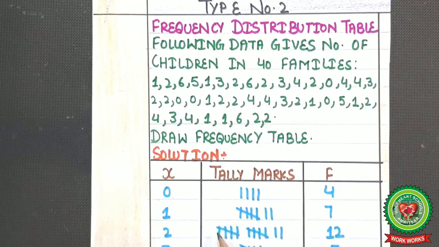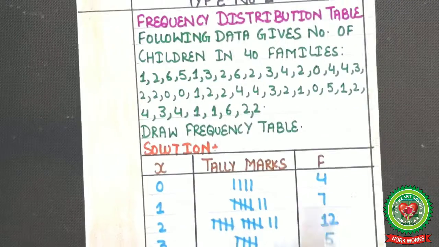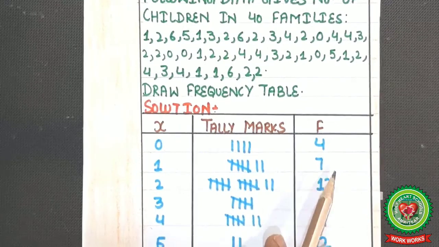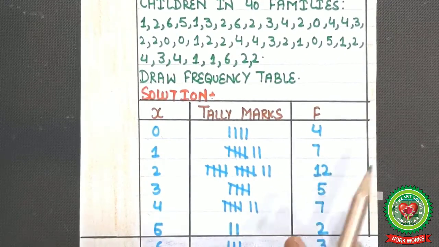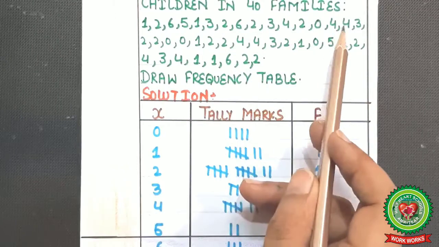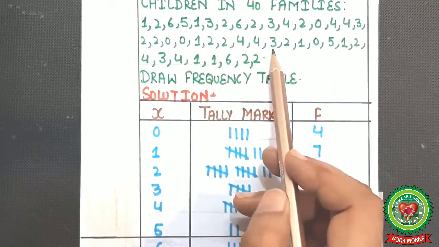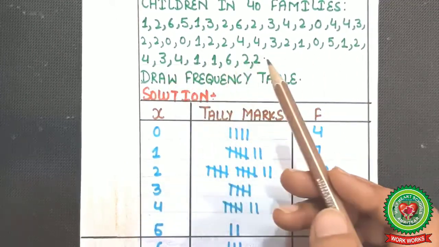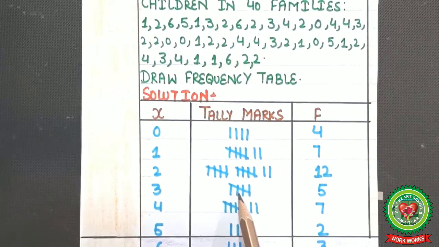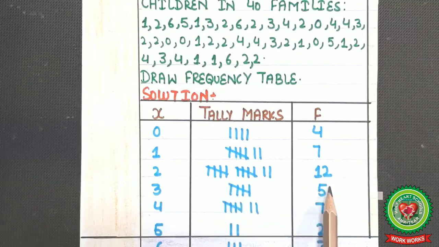Using tally marks, and here also we will write 12. The next number is 3. Count how many times 3 is there in the statement: 1, 2, 3, 4, 5. So 3 is coming 5 times, and here also we will write 5.